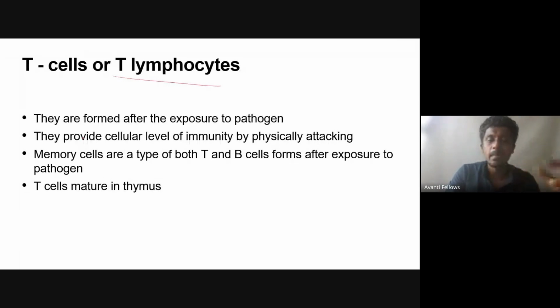So these memory cells are one of the types of T cells and B cells, which help produce a specific type of T cells when they are exposed. For example, if you get the first infection of a bacteria, your body will take a lot of time to neutralize it.